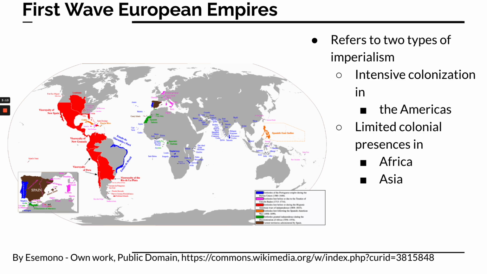The only exception to that is what's called Spanish East Indies, today's Philippines. That was kind of a different story, but that's the lone exception. So intensive colonization in the Americas, very limited colonial presence in Africa and Asia.